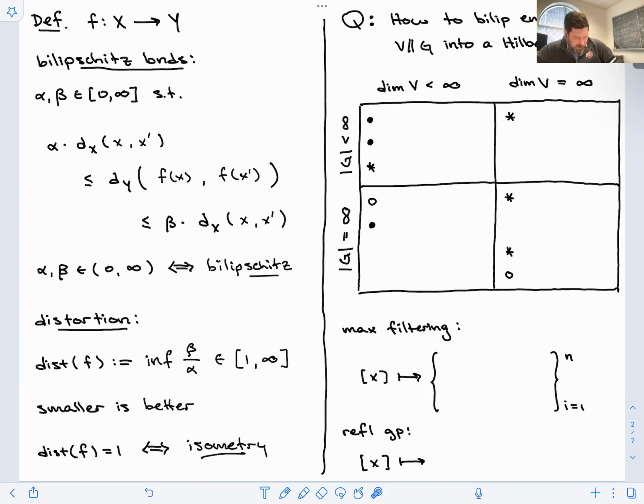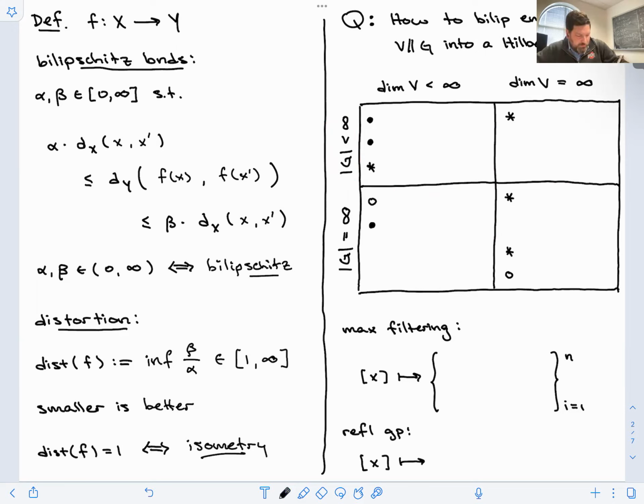There's a variety of results that are known and a variety of results that are delivered by the project I'm talking about right now. And it breaks out nicely into this Punnett square that cases on whether the dimension of your Hilbert space is finite and whether the group of isometries is finite. I'm going to briefly review some of these.